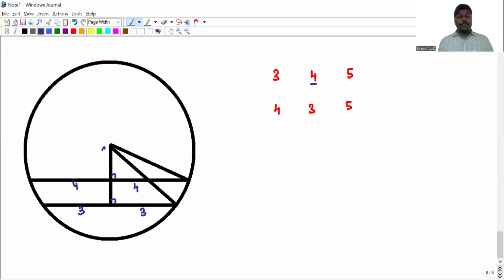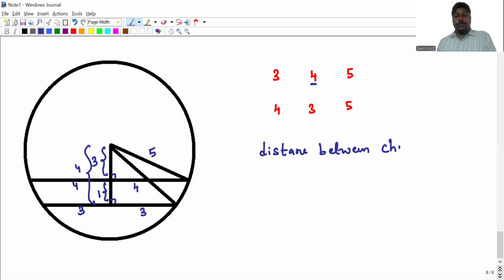The other side becomes 3 and it becomes 1 because the total length is 4. And hypotenuse in both the cases, the radius is 5. Here, the two right angle triangle sides are 3 square plus 4 square equal to 5 square. 4 square plus 3 square is equals to 5 square. Here, what is the distance between the parallel chords if they're on the same side? So the distance between chords is equals to 1.